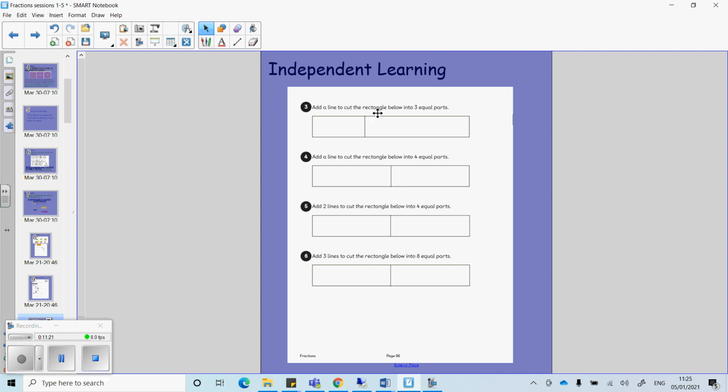Add a line to cut the rectangle below into 3 equal parts. Well, you can just draw a line onto here if you would like to, but if it was me, I might think about getting some scissors and cutting out this rectangle. Then I could fold it into 3 equal parts. It might be easier for me. I will leave that up to you.